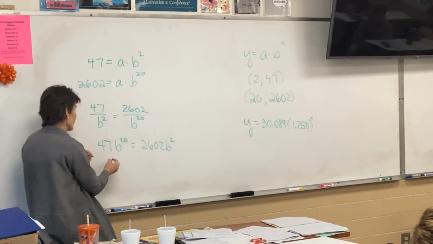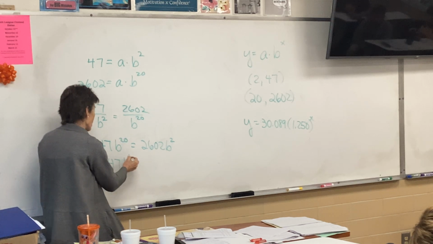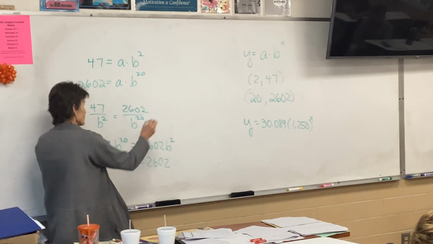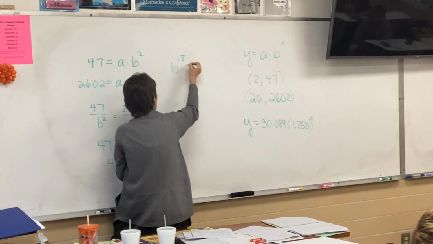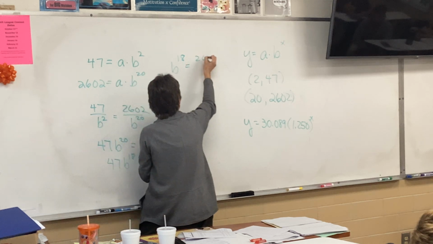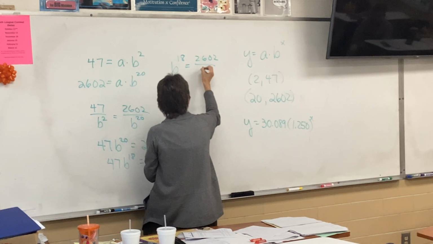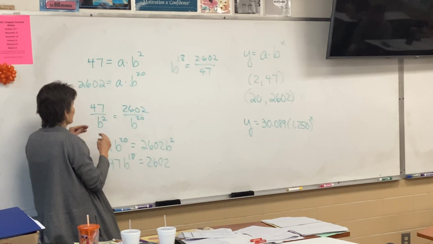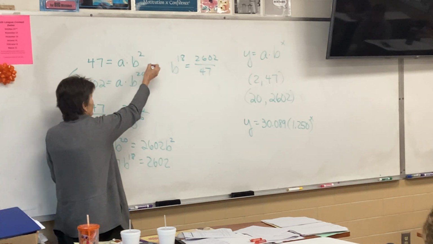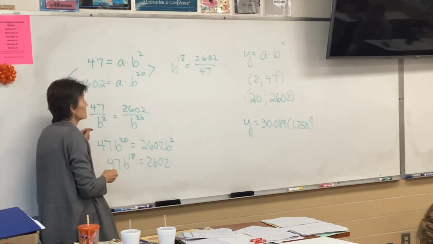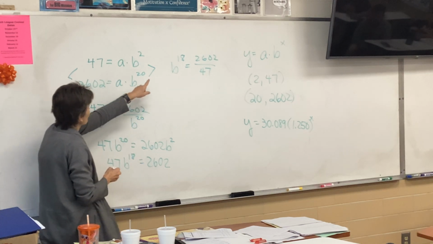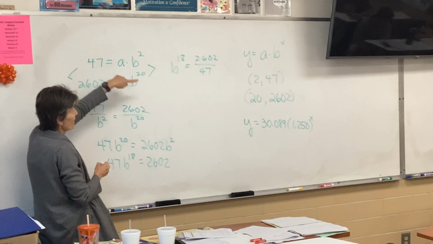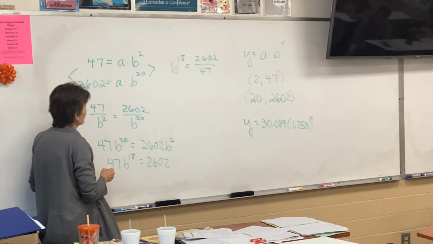Then we can divide out those b squareds, which is what you were talking about, I think. And so b to the 18th ends up equaling 2602 over 47. That's kind of a step-by-step way. It's going to give us the same thing. Yep, that's perfect.